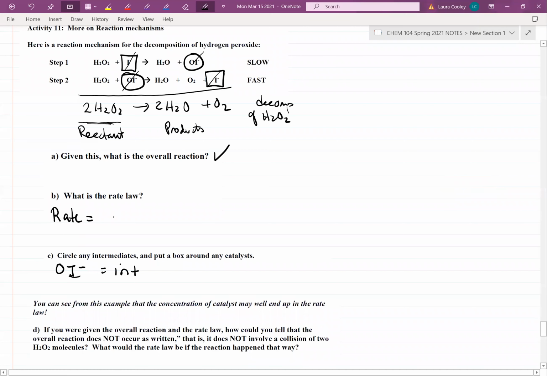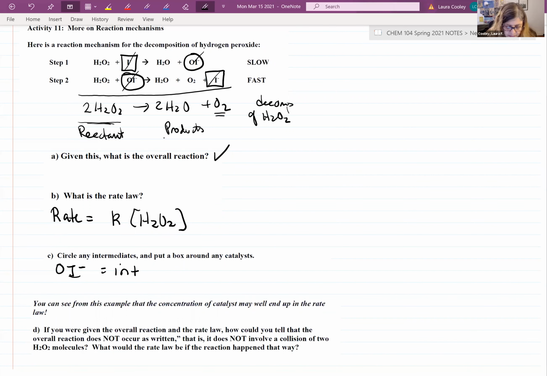H2O2 and O2. No. O2 is a product. So just the H2O2. No. Anybody else? You have to look at the slow step, Morgan. And you see that there are two things in the slow step.